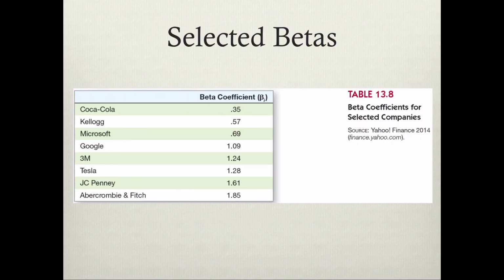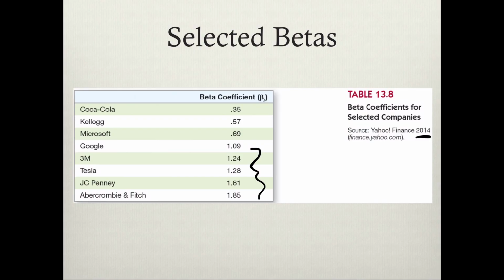So looking at some selected betas of some companies that you're probably familiar with, we can see Coca-Cola, Kellogg, Microsoft. Again, this is from 2014. So in 2014, these companies had pretty low beta coefficients, meaning that they had less systematic risk than whatever market index you were looking at. And then you can see as we get up towards Tesla, JCPenney, Abercrombie, and these are probably much different now in 2021.